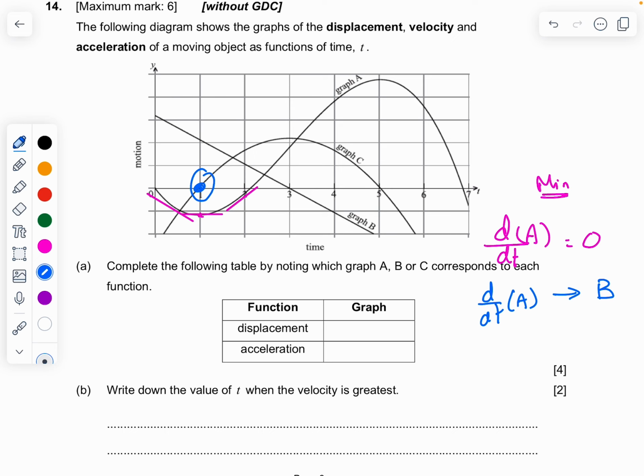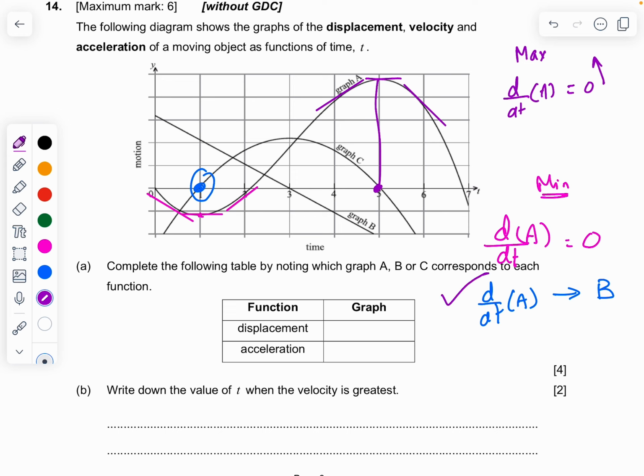Again you can see over here, another position. This is positive slope, this is 0, and this is negative slope. So that is the maximum point, and it is again 0 over here. So the derivative of graph A will be equal to 0 at that maximum position, and again it satisfies this condition.